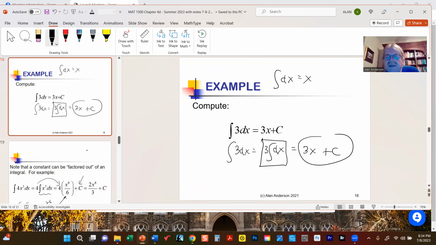Sometimes the constants can make things a little harder to figure out. So it's often best to just get them out of the way, move them outside, and then when you see what's left inside the integral, it'll be easier to identify which rule to use. So here we end up with 3 integral dx, which leaves us with 3x plus c.